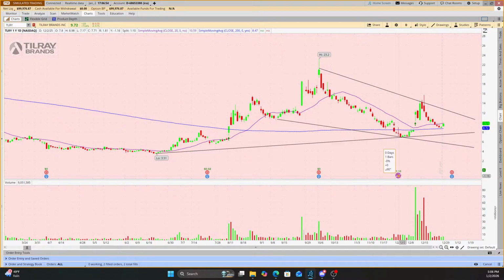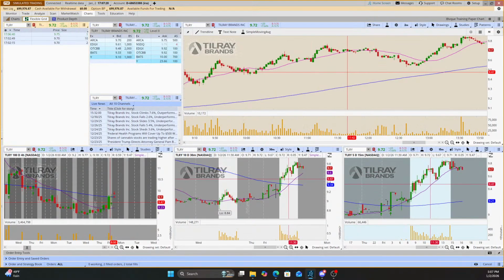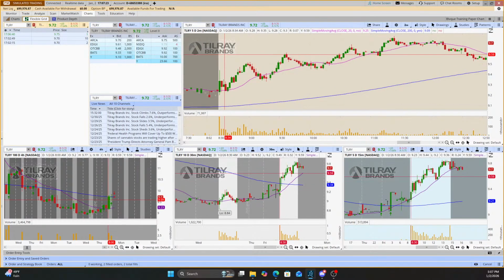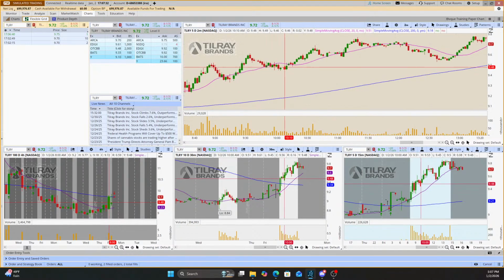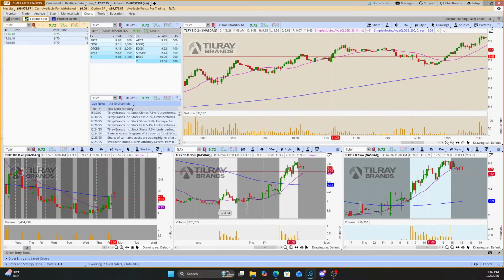It's a 1 in 10 reverse split. Yeah, okay, so it reverse split on the 2nd of December. So it's pretty much the marijuana bubble. Color change.